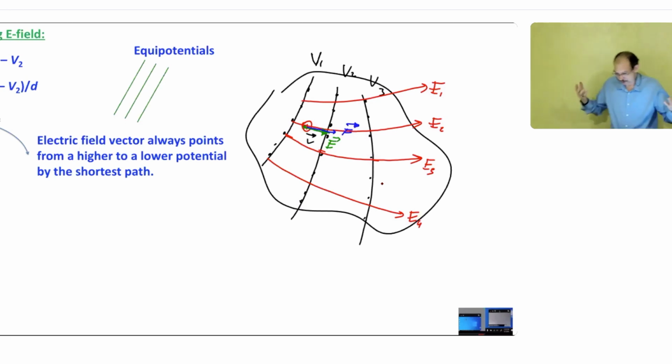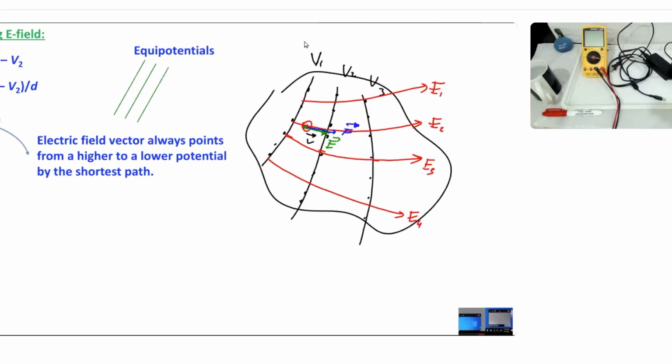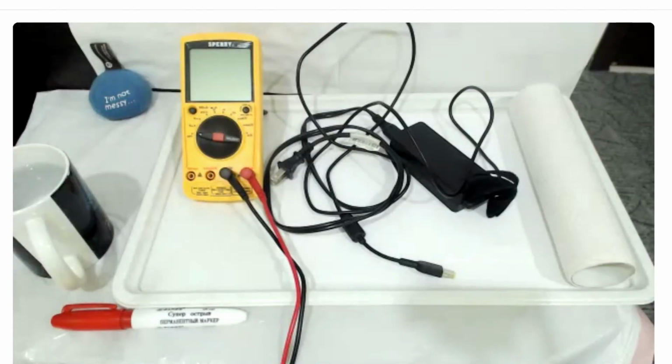Well, let's do that. Let's map electric field. Fingers crossed it's gonna work.